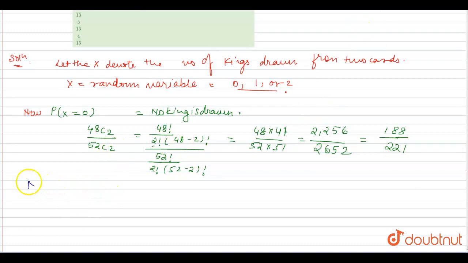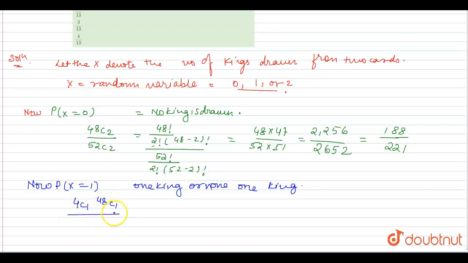Now when P(X = 1), which means one king. So 4C1 into 48C1 by 52C2, that is 4 into 48 into 2 by 52 into 51, which is 2652.